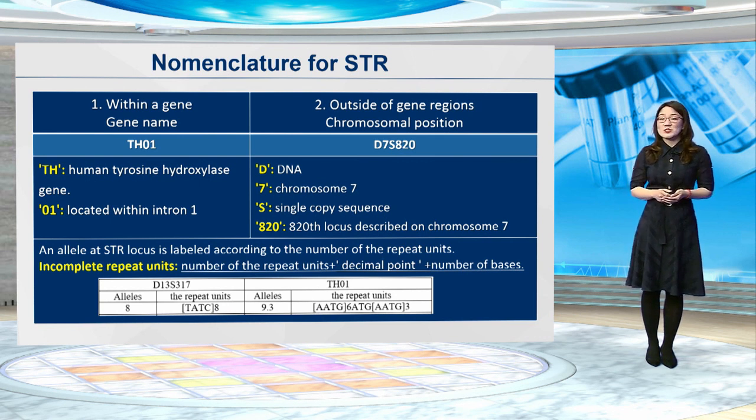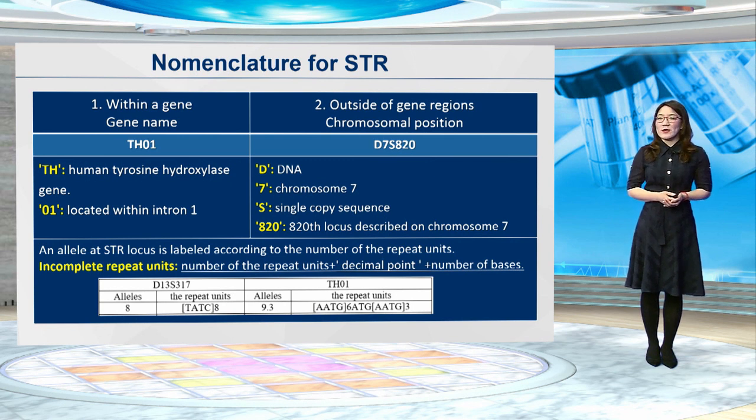Sequential numbers are used to give uniqueness to each identified DNA marker. So, this marker means the 820th locus that has single copies described on chromosome 7. Clear?